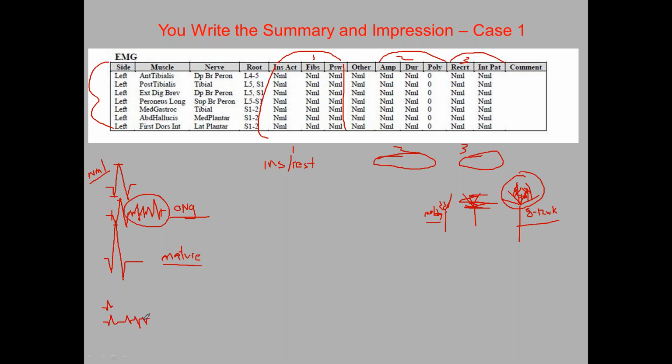And so you have these long duration but low amplitude polyphasic units that are small. And as those become more synchronous, then the duration gets a little bit shorter and the amplitude starts getting a little larger until that motor unit looks normal.